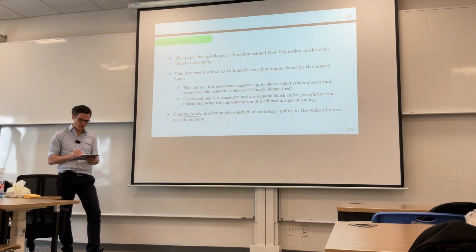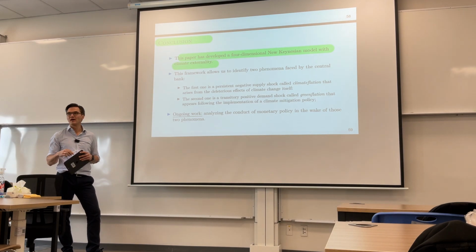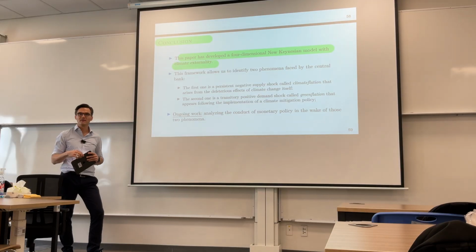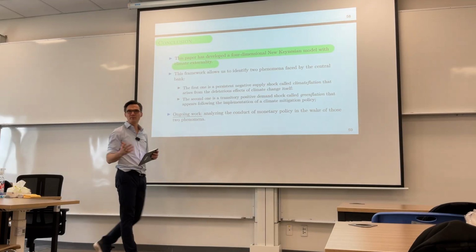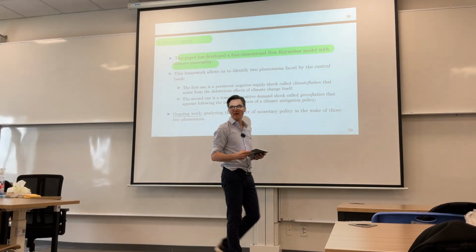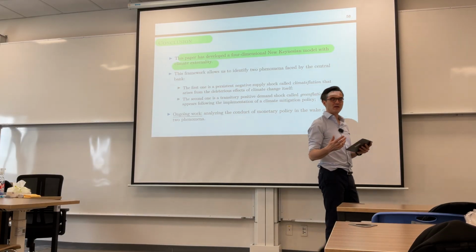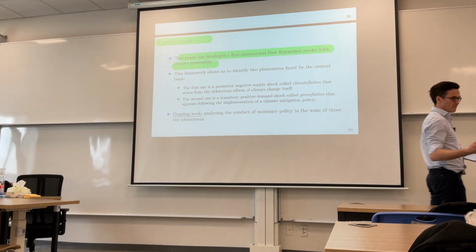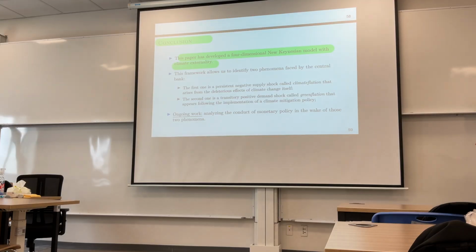And that's the first accomplishment that this paper has offered us. In case you've never thought about climate change, this paper allows you to think about the effects of climate change in a rigorous, structured way. And we learned how to do that, the technicalities and the assumptions surrounding it.